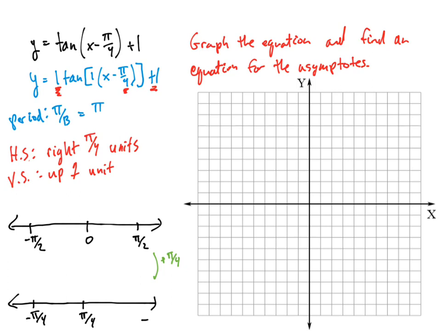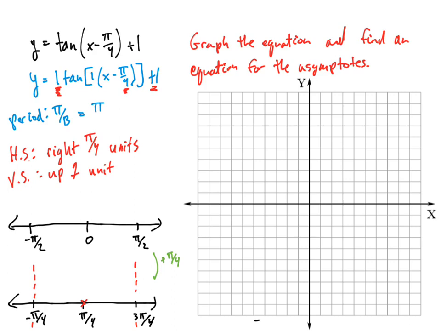And then pi over 2 plus pi over 4 is going to be 3 pi over 4. So these are the values we want to use. And what this means is that at negative pi over 4, which is the beginning of the period, we're going to have an asymptote. And then at the end of the period, we'll also have an asymptote. And the middle value is where the curve is going to cross the horizontal axis.